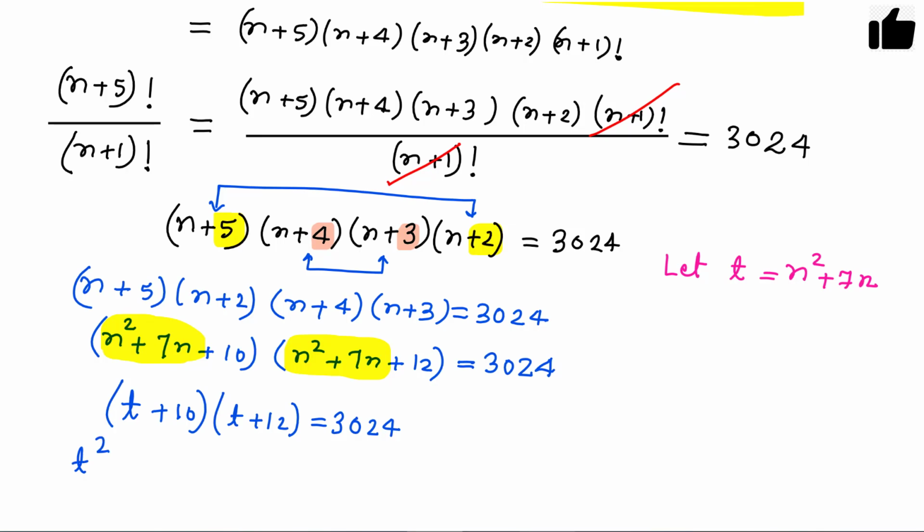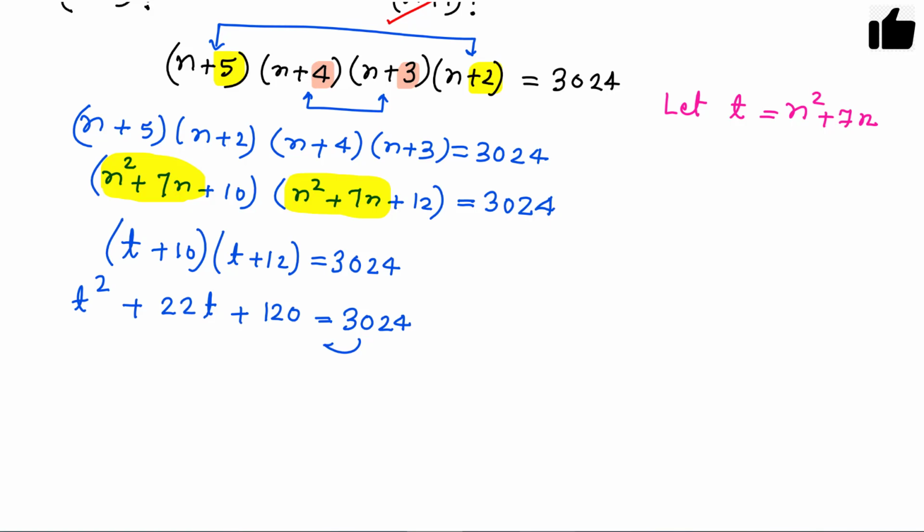If we expand, this is t^2+22t+120 equals 3024. Taking this to one side, subtracting 120, we get t^2+22t-2904 equals 0.